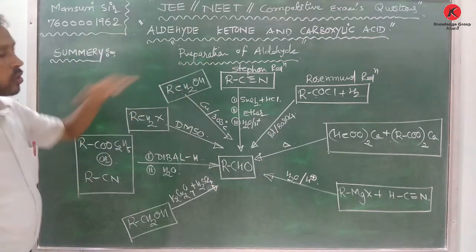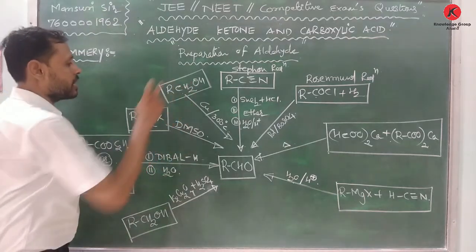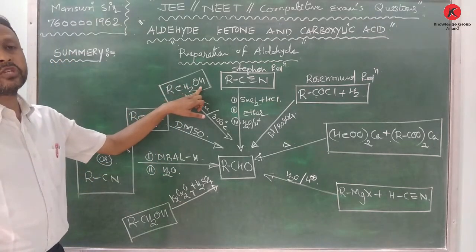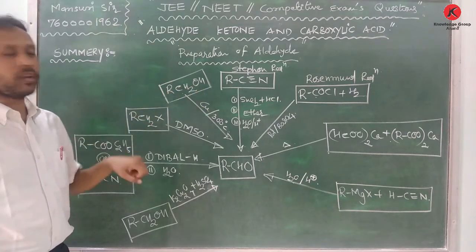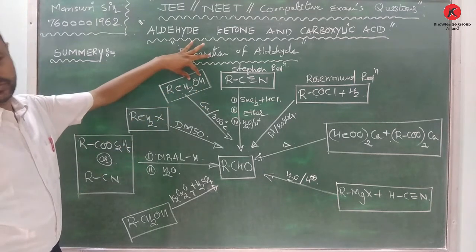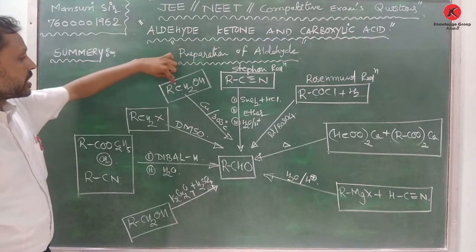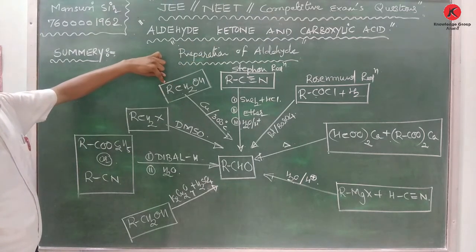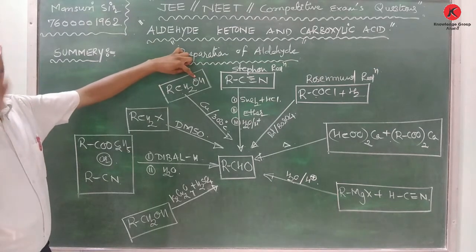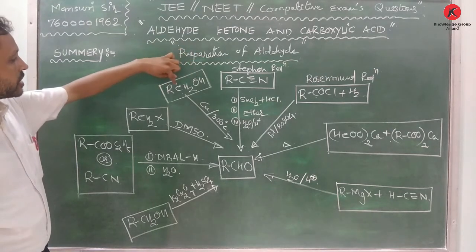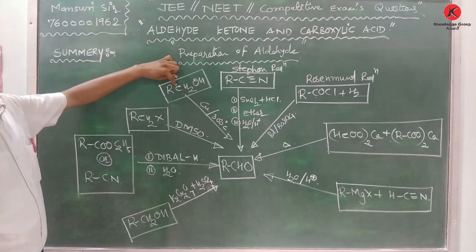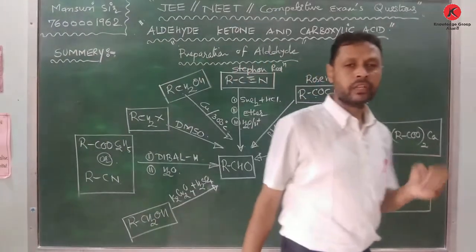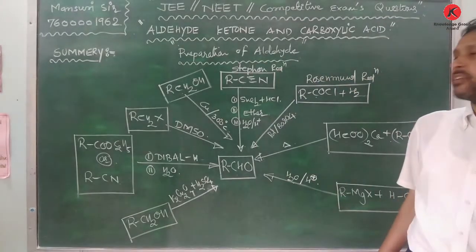Now thereafter alcohol. You are given here primary alcohol RCH2OH. How can you justify that this is primary alcohol? Because whenever the OH containing carbon is attached to one carbon, it is known as primary alcohol. But when the OH containing carbon is attached to two alkyl groups, it forms secondary alcohol.